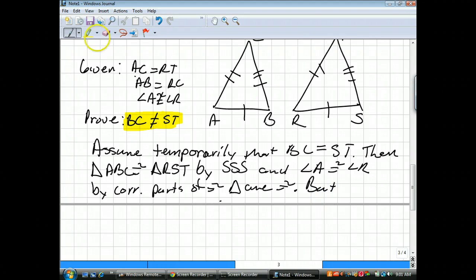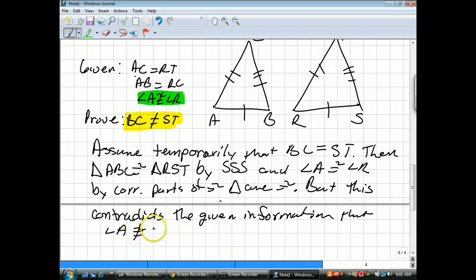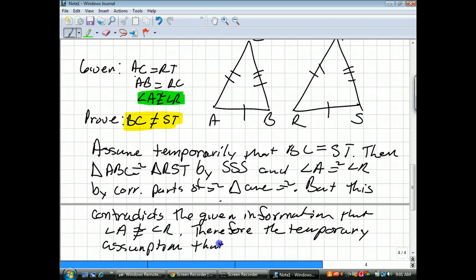But this contradicts the given information that angle A is not congruent to angle R. Therefore, the temporary assumption that length of BC equals length of ST must be false.